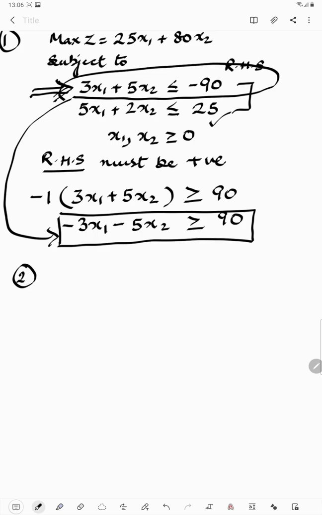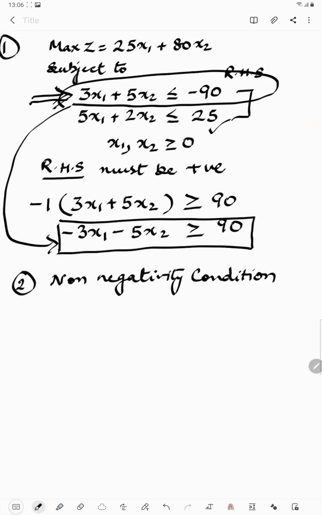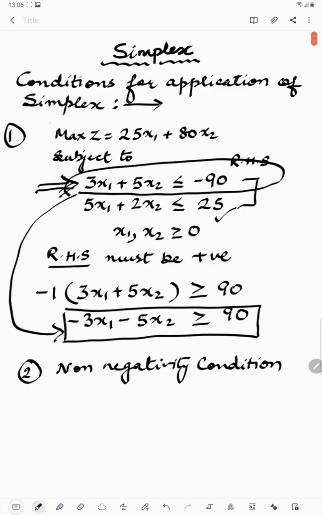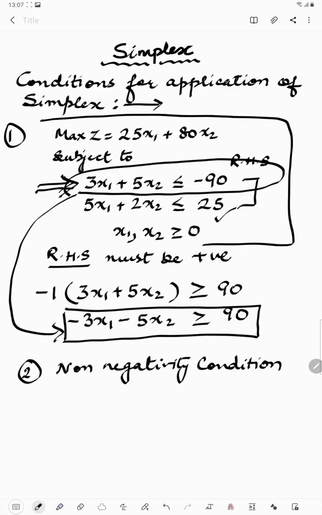The second condition that must be fulfilled is the non-negativity condition. As we can see in this linear programming problem, this equation denotes the non-negativity condition.